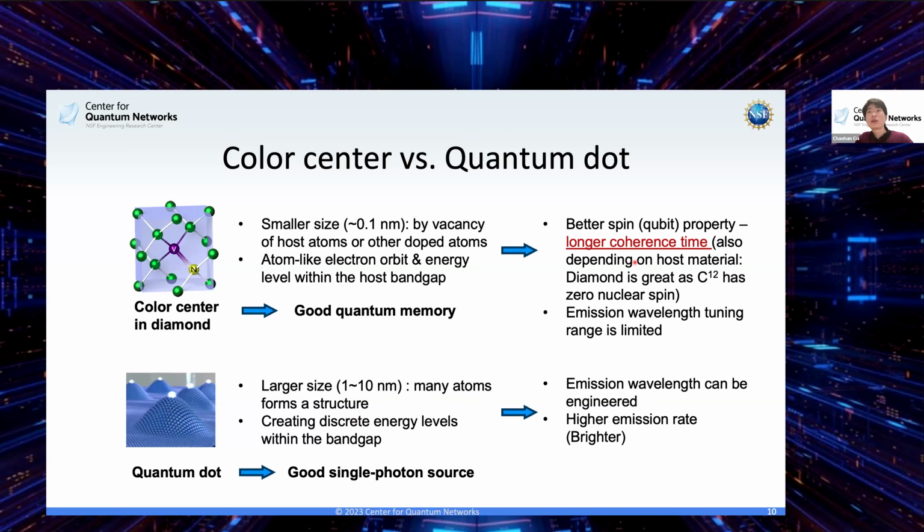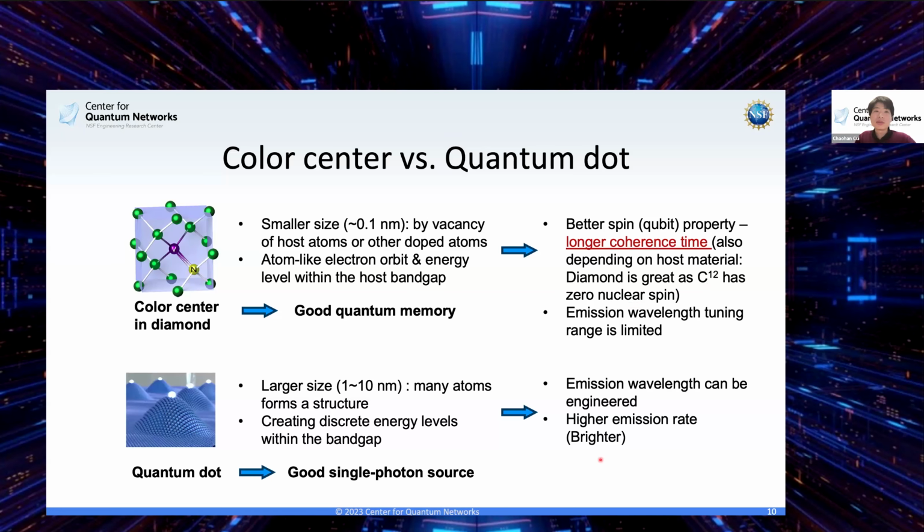This also depends on your host material. That's why people like the color center in diamond, because carbon-12 in diamond has basically zero nuclear spin. Later on, we will see that nuclear spin or other spin baths or structures actually add noise to the system. And that's why we don't like quantum dots used as quantum memory.